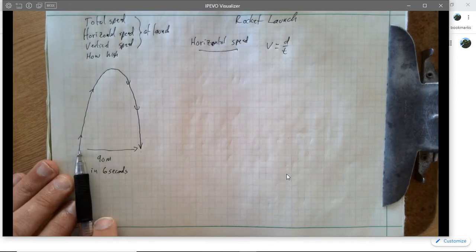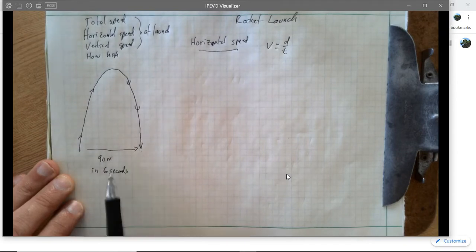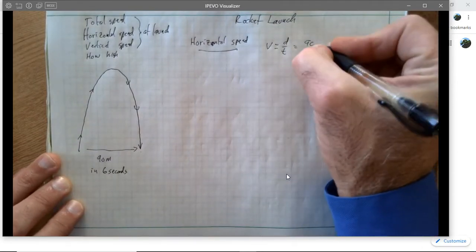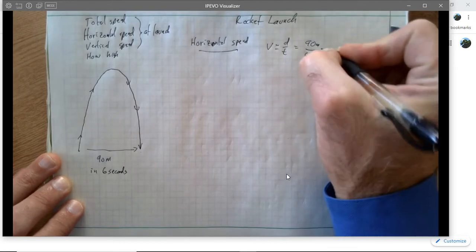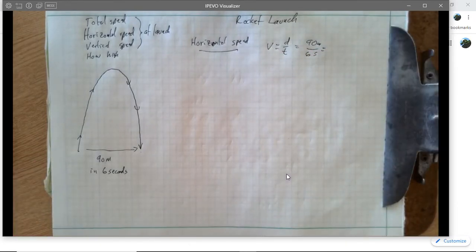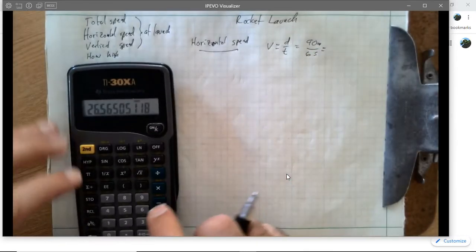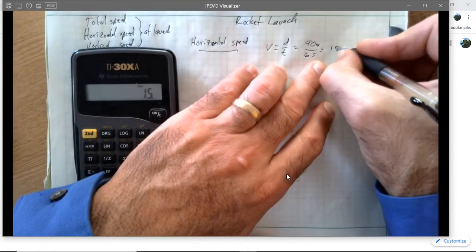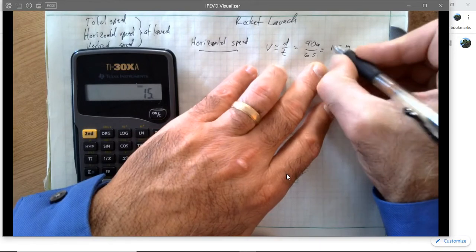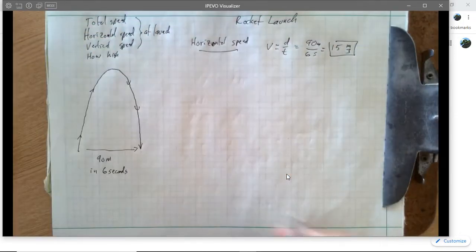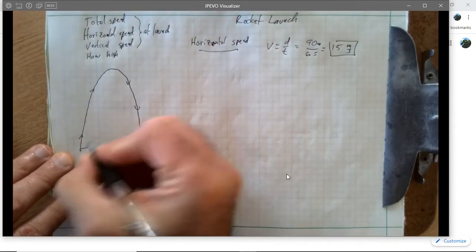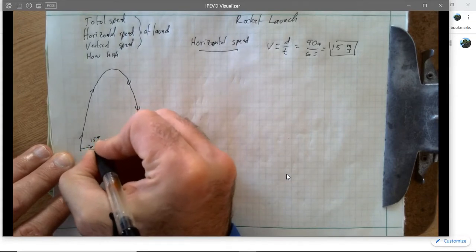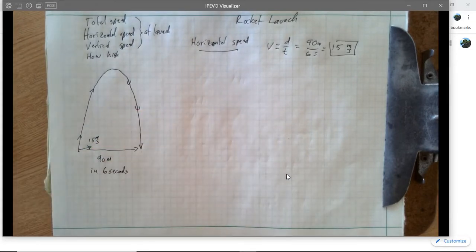So in this problem, the projectile went 90 meters in 6 seconds, and 90 divided by 6 equals 15 meters per second. So the horizontal component of its speed is 15 meters per second when we launched it.